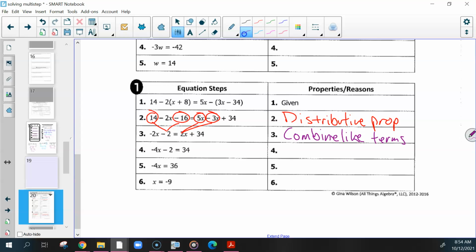Keep thinking about that, Rabina. So they subtracted 2. They move this 2 to the other side. So these canceled, and this became -4. That's okay. So subtraction property of equality.